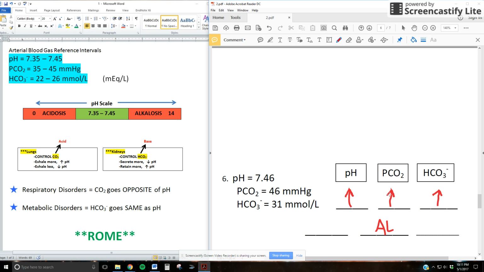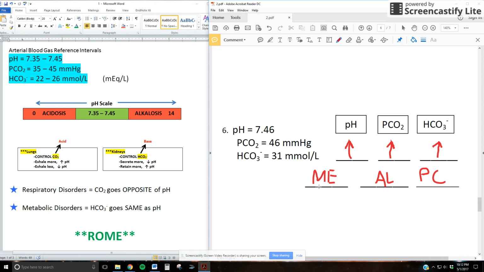Respiratory is opposite? Nope. Metabolic is same or equal? Yes. So metabolic alkalosis. If our problem is metabolic, the lungs are going to try and compensate. This is abnormal. We're still not back within our reference range, so it's going to be partially compensated. And then what's going on here?